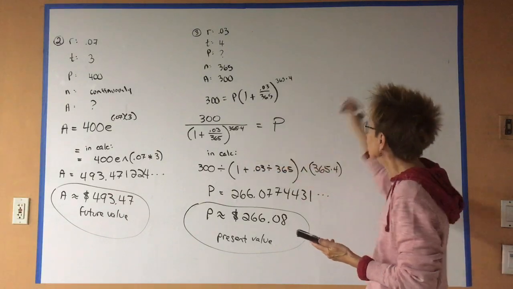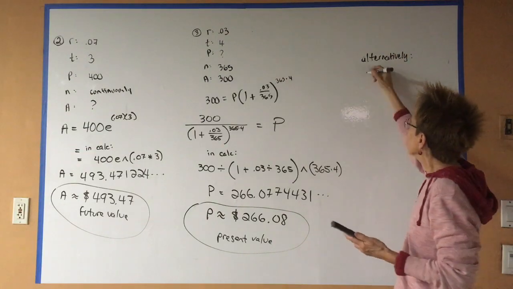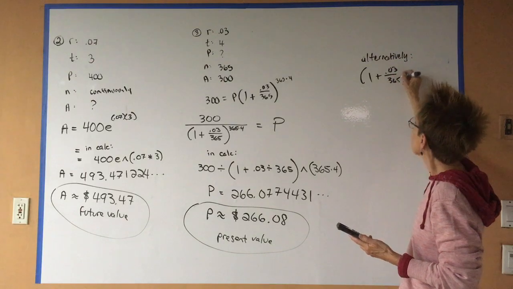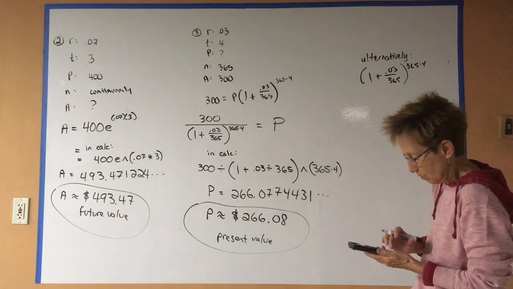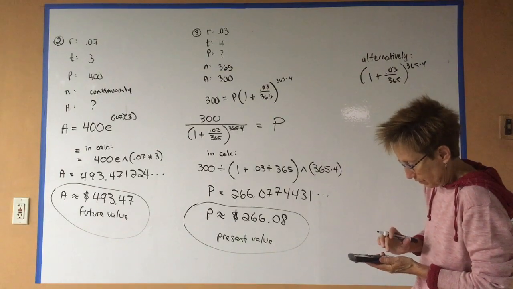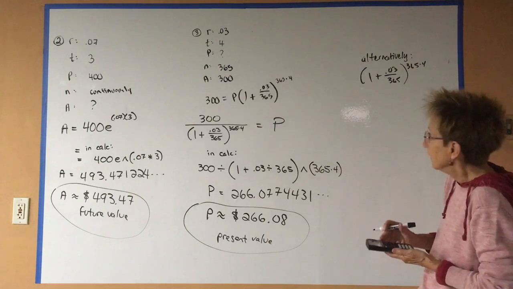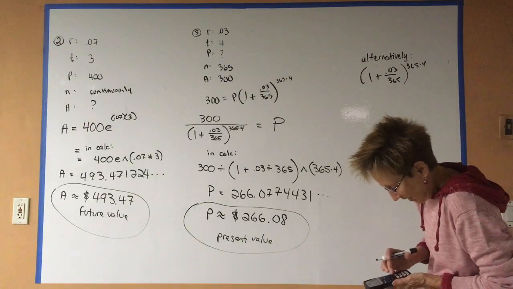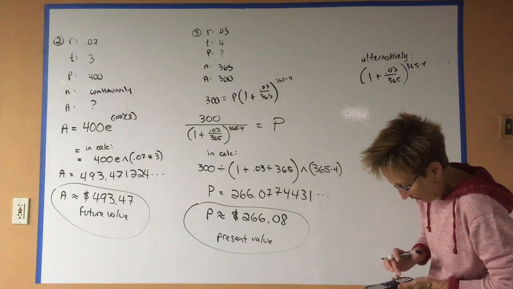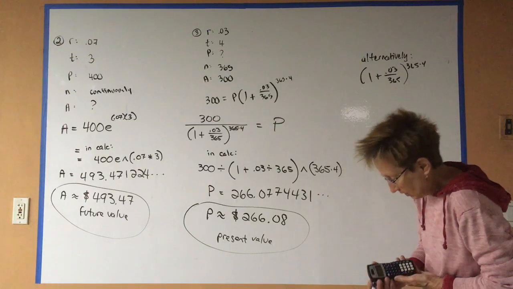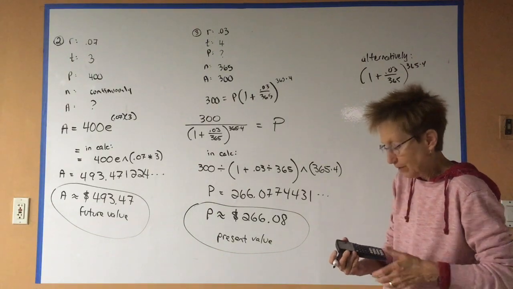Alternatively, if I figure out 1 plus 0.03 over 365 to the power of 365 times 4, if I put that in my calculator, so I put a parenthesis, a 1 plus 0.03 divided by 365, close my parenthesis, to the power of, and then I put a parenthesis, 365 times 4, close that parenthesis, and I hit equal. My calculator says 1.127491292.